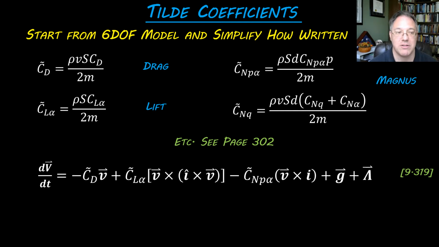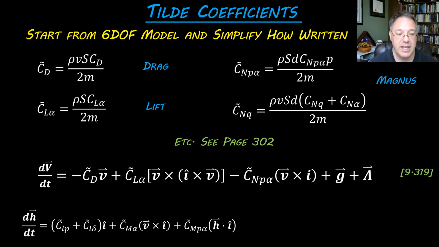We've algebraically substituted those larger terms into these tilde coefficients that don't change over the course of our event once we know our particular projectile and its coefficients. We can also do that not only for the velocity, but for our moments, with our dH/dt, in equation 9.320.